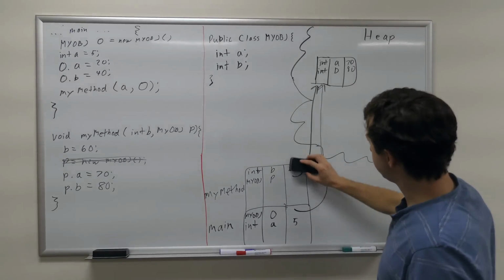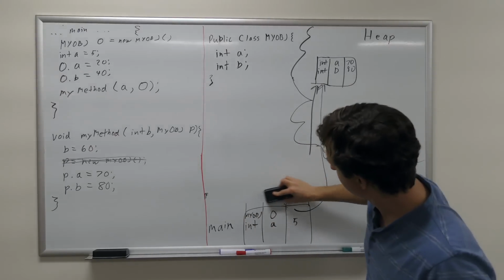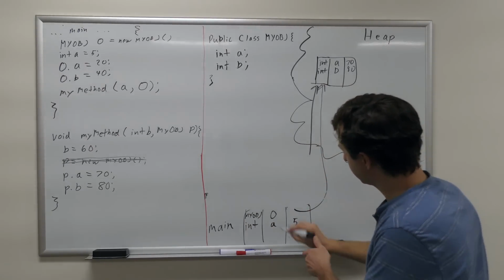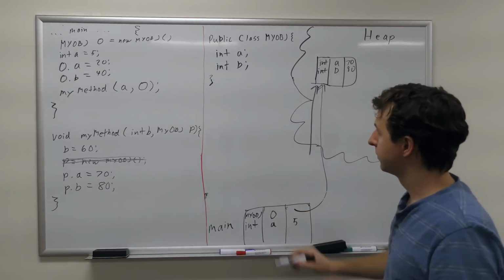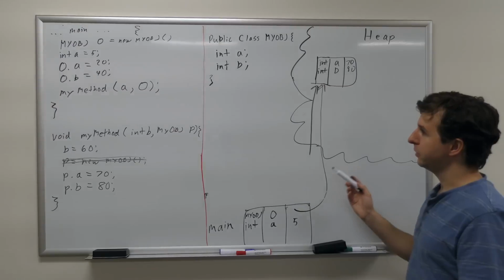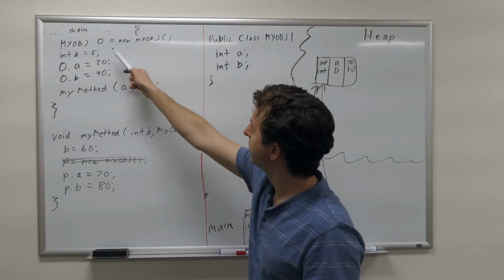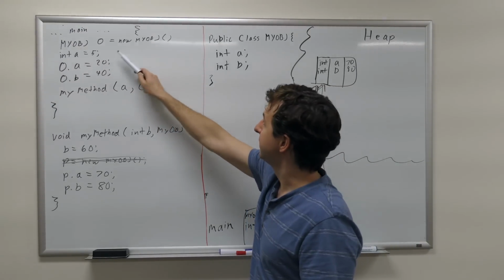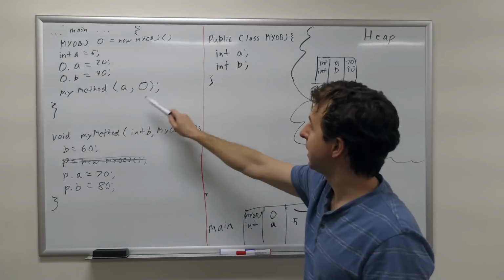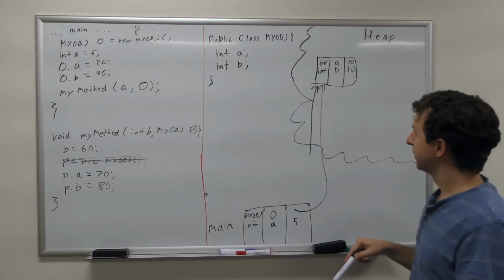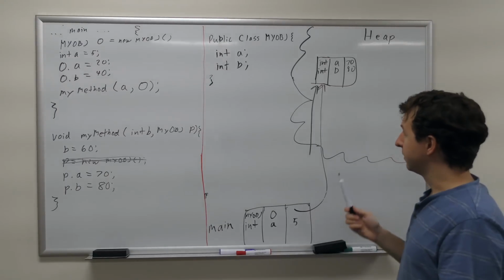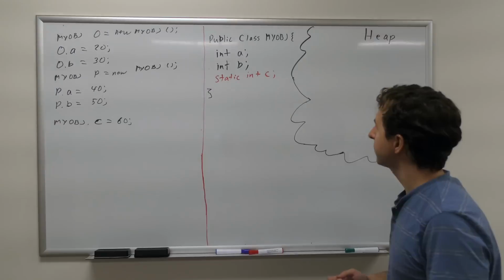Now, we pop this top entry off the stack. And just by making that one change, now it's possible for a calling method to have the contents of its objects changed by a called method. Keep this in mind.